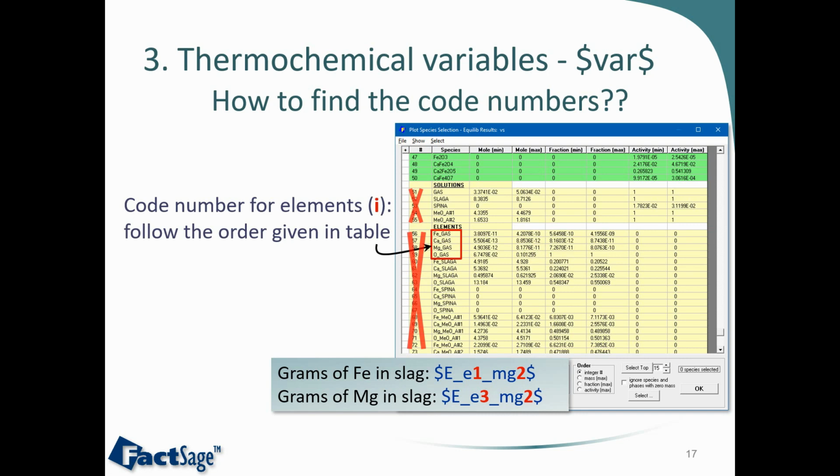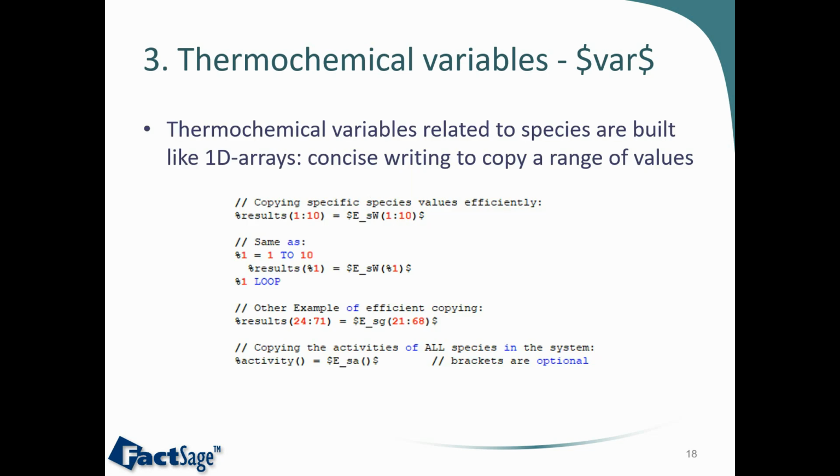The thermochemical variables for species are built like one-dimensional arrays. So you can access and copy more efficiently a range of values at once, instead of copying each species entry by entry, one by one. So in the first example here, I'm copying the concentration in weight percent of species 1 to 10.